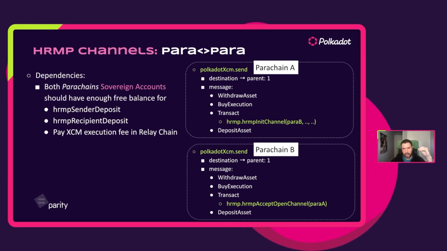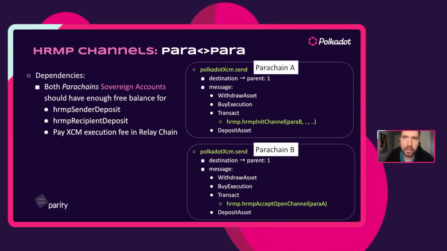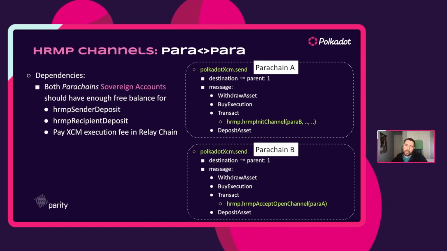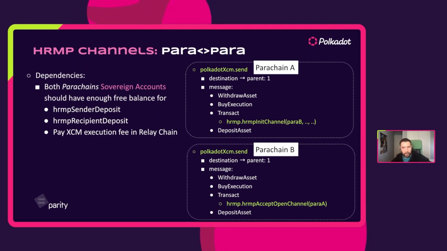This is the call that will be executed in the relay chain. And finally, deposit asset. This instruction is very important to add, because if you don't add this final instruction, the unspent fees for executing this XCM message will be trapped.